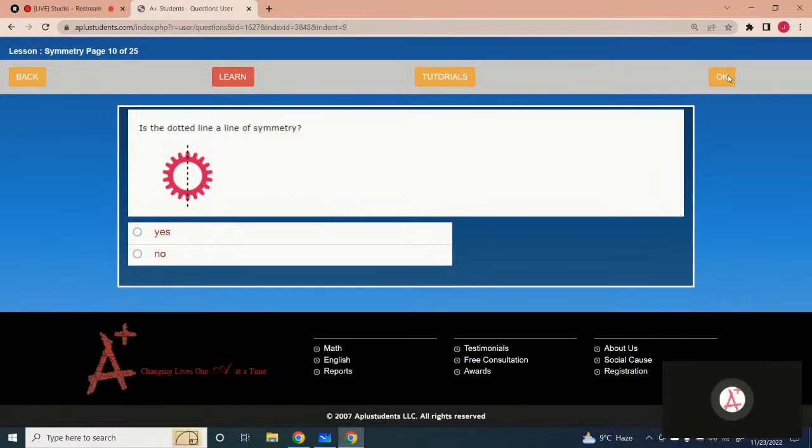The answer is yes. The dotted line is a line of symmetry.